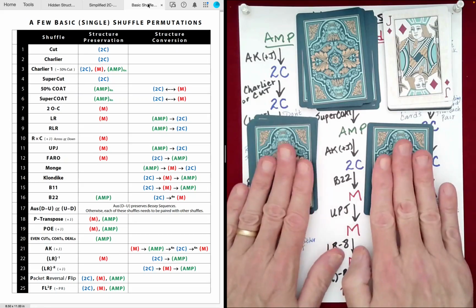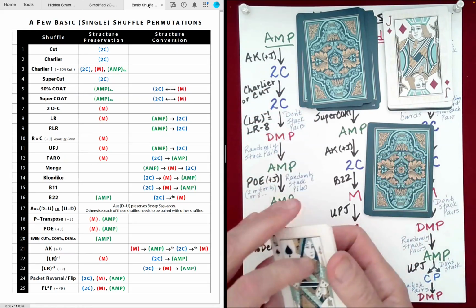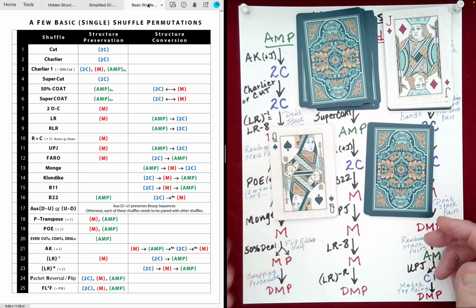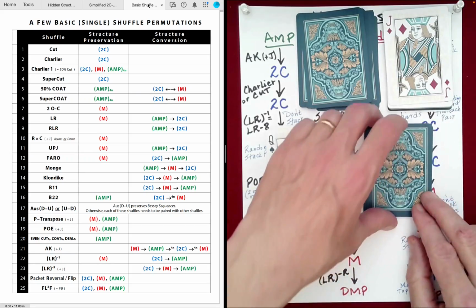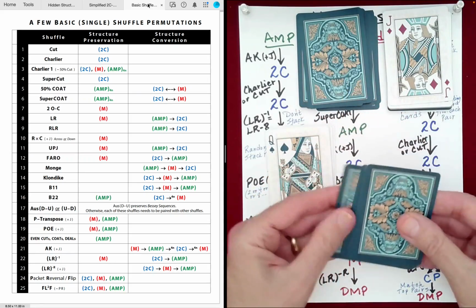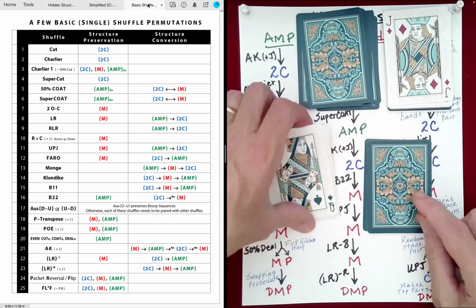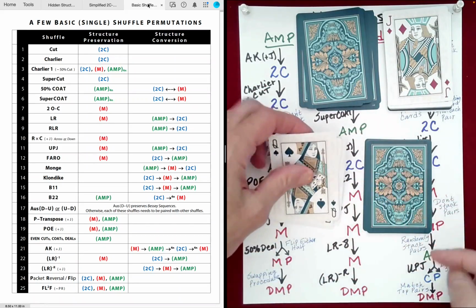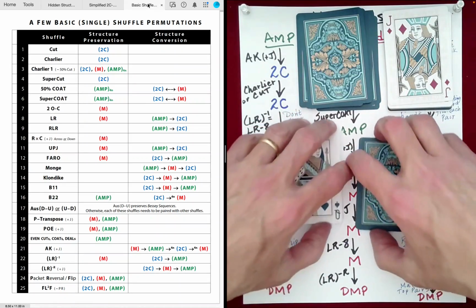Well, since these are coupled piles, if we randomly flip either one, they're now, quote, mirrored piles. What does that mean? That means the card on top here is now related to the card on the bottom here, and vice versa. This card here is related to the bottom of that one there, and it's true as you go up and down each packet. So these are mirrored packets.